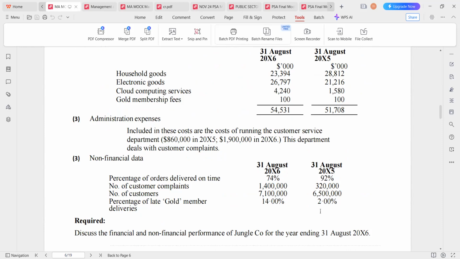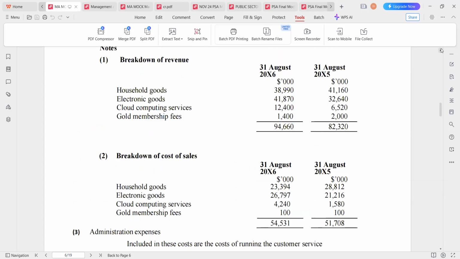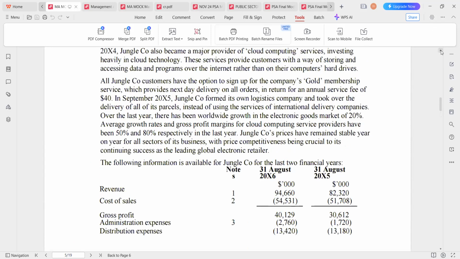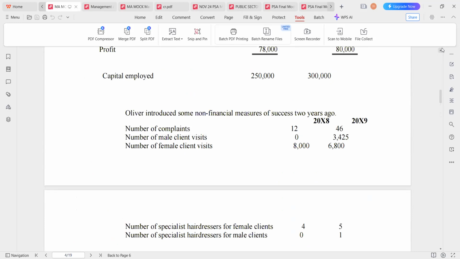And there we go. So in the question we just did, there was no non-financial analysis. There is a lot of non-financial analysis. Let me show them to you. Number one is the number of visitors.